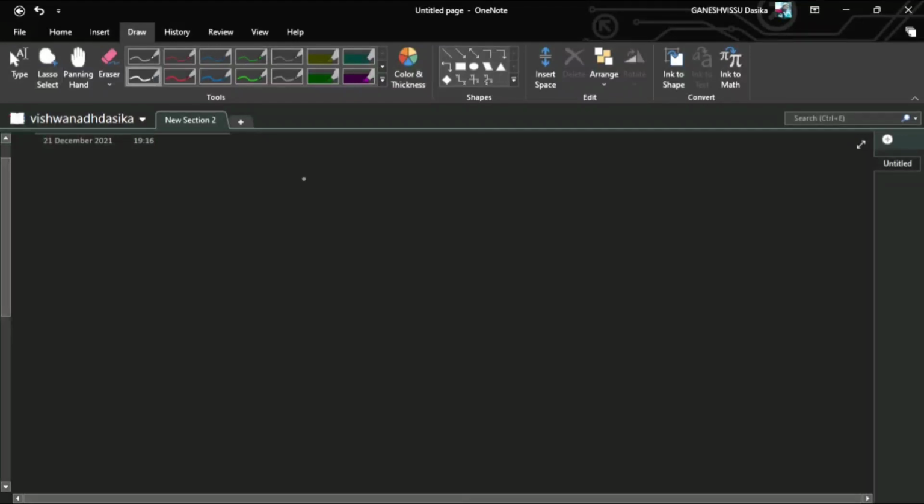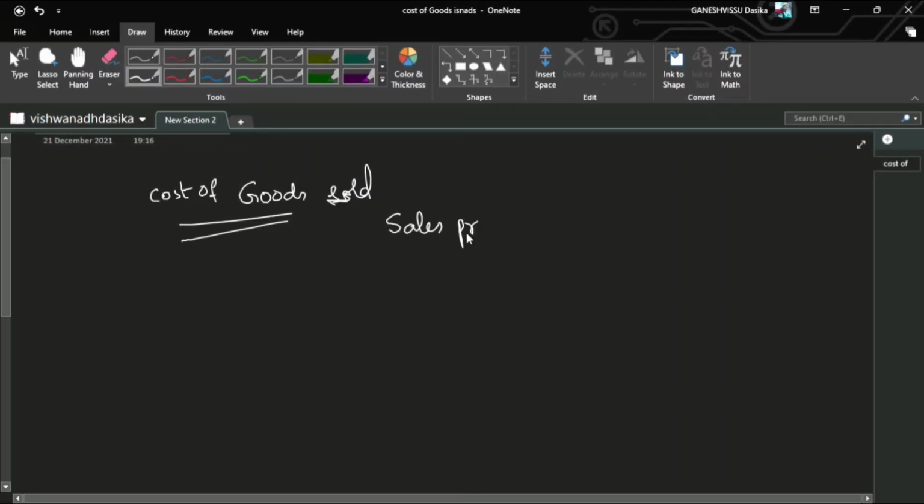So the cost of goods sold, I am now writing the formula: cost of goods sold is simply sales minus gross profit. This is one formula.